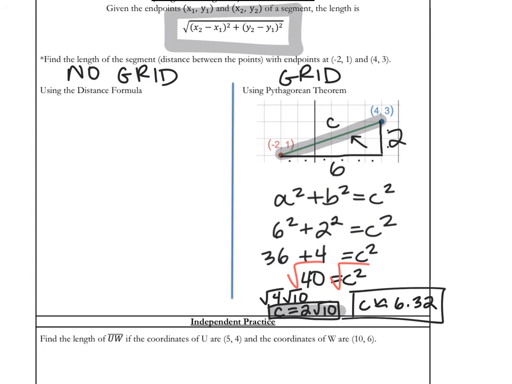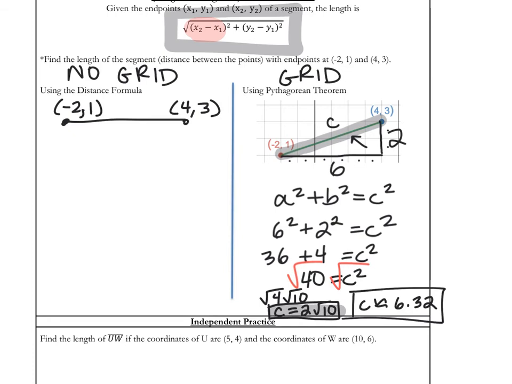Our 2 points, again, are -2, 1, and 4, 3. You're in geometry, so you should draw a picture. All right, now I'm going to find the distance between them. We just want to find, first, our change in x.